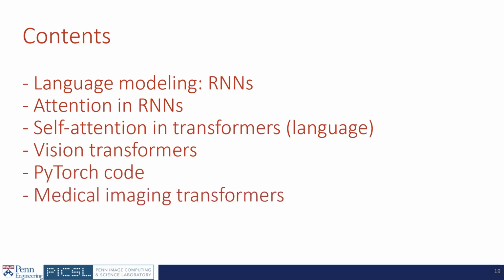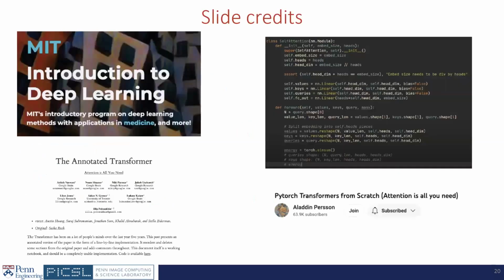And then I'll leave you with a few medical imaging papers which incorporate transformers, especially in the context of segmentation and registration. We won't have time to discuss the papers, but I'll just put them as reference. Right. These are some slide credits beforehand. You already know this particular lecture series.